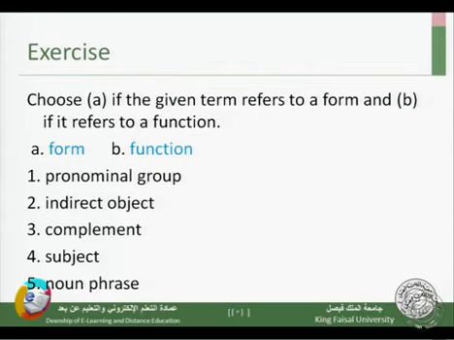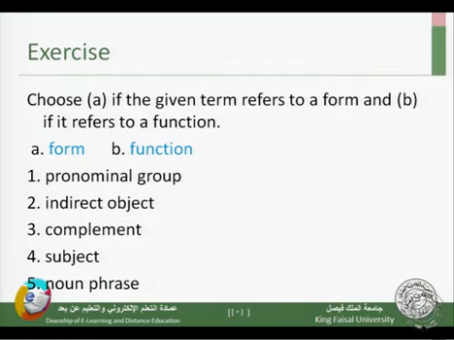Let's take a look at this exercise. Choose A if the given term refers to a form, and B if it refers to a function. A for form, B for function. Number one, pronominal group. Is this a function? Is this a job that is done by the phrase, or by a group of words that we call pronominal groups? We studied pronominal groups previously.